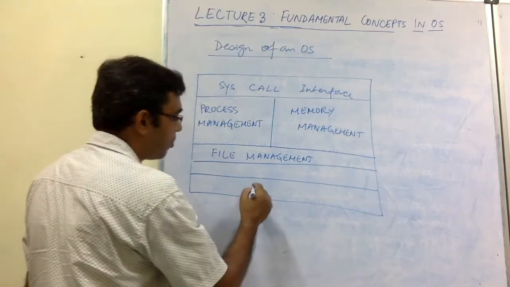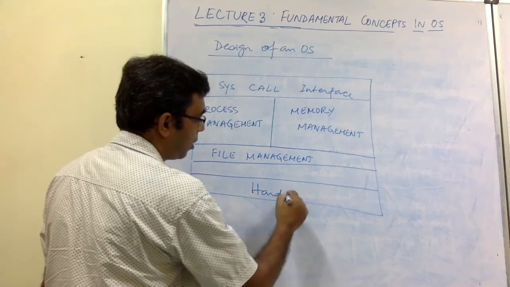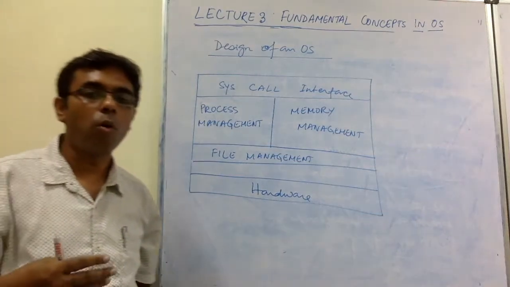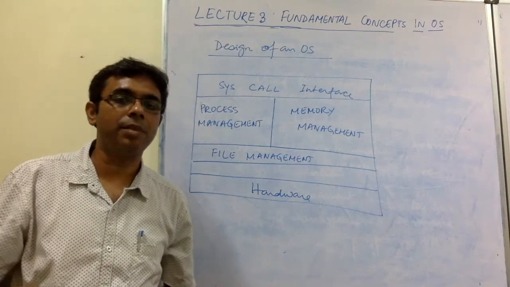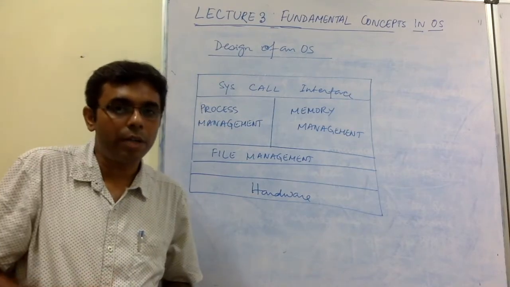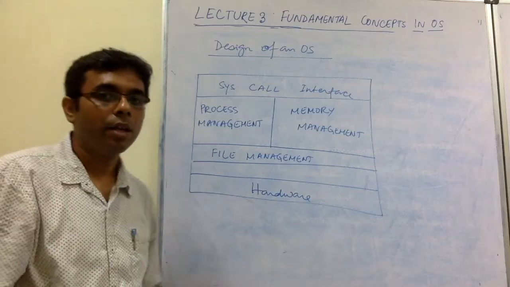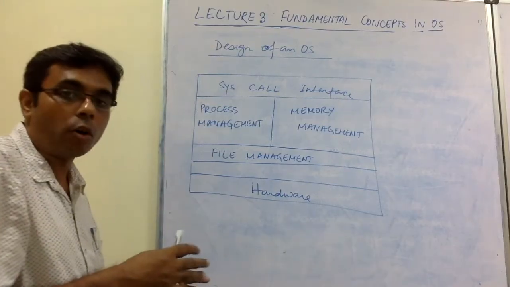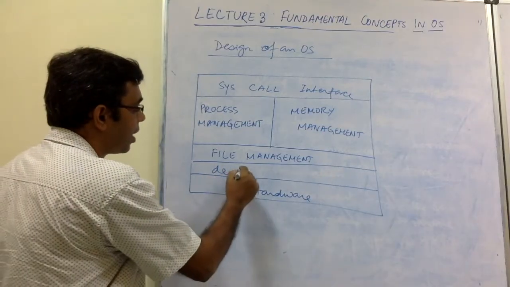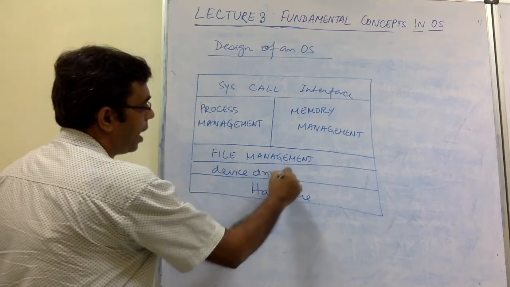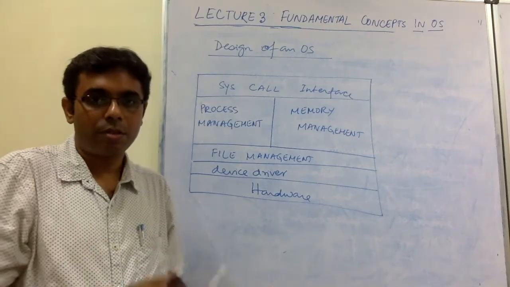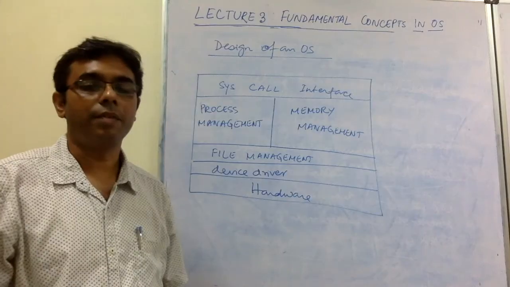Sitting at the bottom is the hardware. But every hardware has its own code, so the access mechanism of every hardware is different. The code related to a specific hardware, the code in order to make that hardware work, is what we call its device driver. So what you have in the kernel is a group of this code called the device drivers.